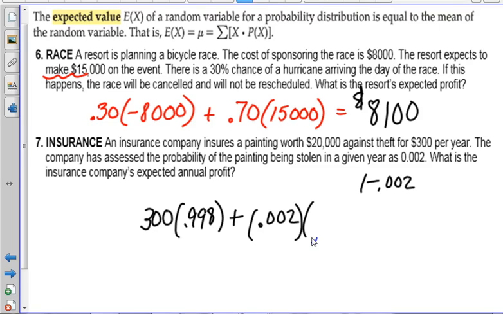Now, it isn't going to make a huge difference in our answer, but in order for us to have to pay out $20,000, they had to have given us the $300, right? So we would really only have a net loss of $19,700. Is that right, guys? Okay. It wouldn't make a huge difference in our final answer if we forgot that part on this question, but yeah.